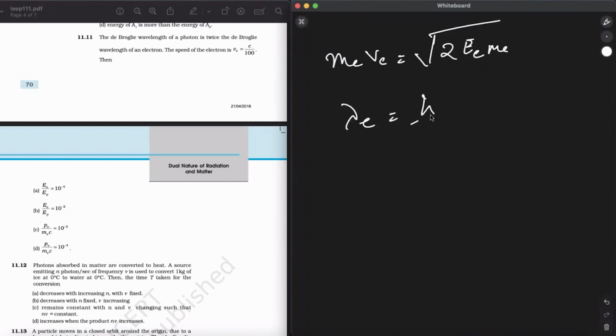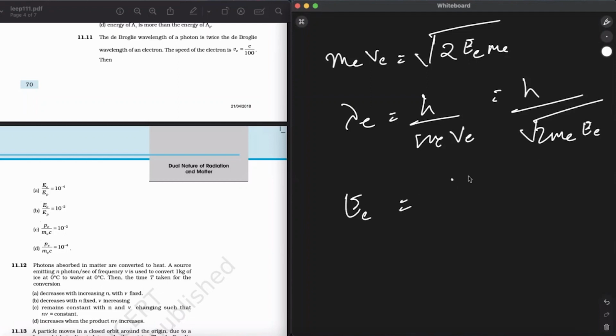Now lambda is equal to h upon m_e v_e, so h upon under root of 2 m_e E_e. Now energy E equal to h square upon 2 lambda square m_e.